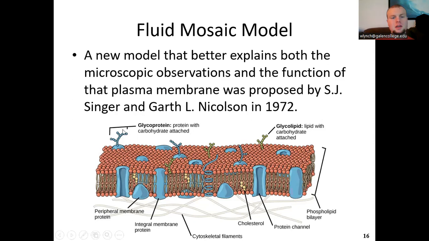So we can see that it has a lot of different components, which gives it its mosaic quality. It is a fluid mosaic because it is fluid, not necessarily because it is liquid, but because it is able to move and is easily adaptable to its environment. We have several different components here. We've got the phospholipids, which create the bilayer.